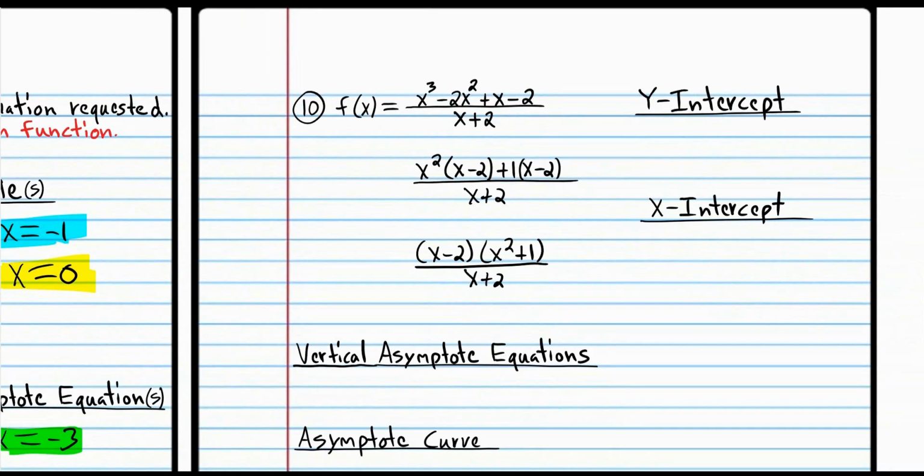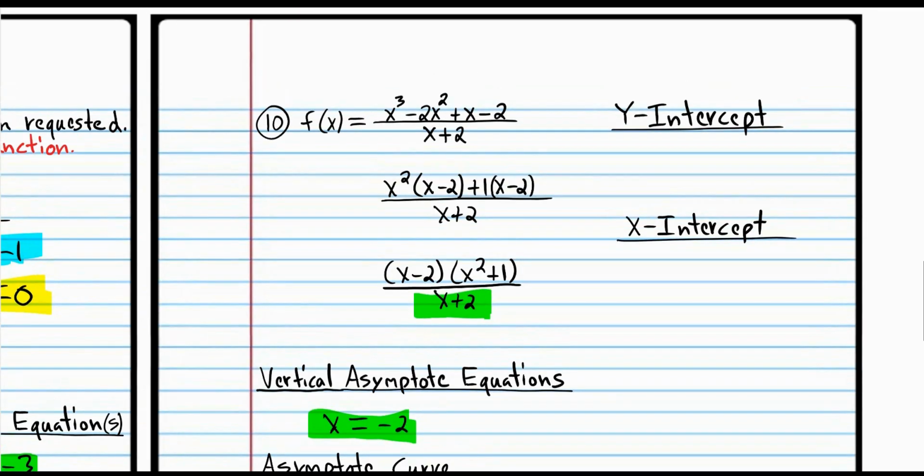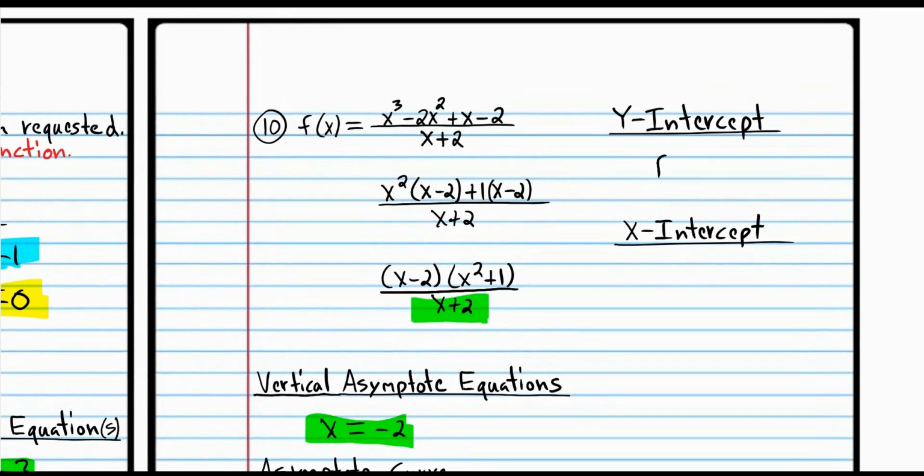So I wrote the expression in factored form, and now we can see the vertical asymptote is -2, so I got that from there. And by the way, we can plug in 0 for x, and we get -1, so the y-intercept is (0, -1).